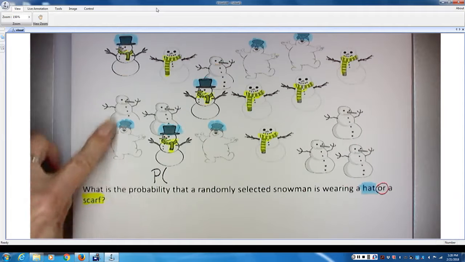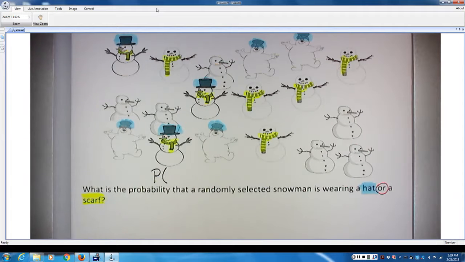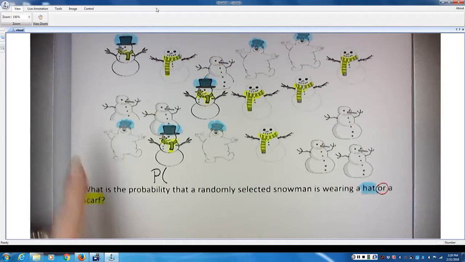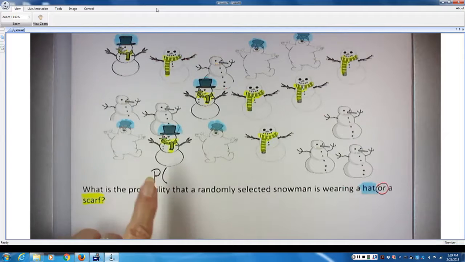And none of the ones that I have left have scarves on. And now here's what I want to count. This is the important part. I don't want to count all of the hats and then go back and count all of the scarves. Why not? Some of them are wearing both.